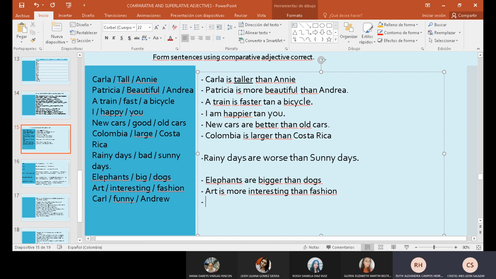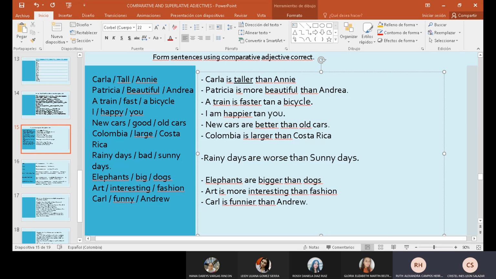And Ruth, please, the other sentence. The car is funnier than Andrew. Change Y for I. Funnier than Andrew.